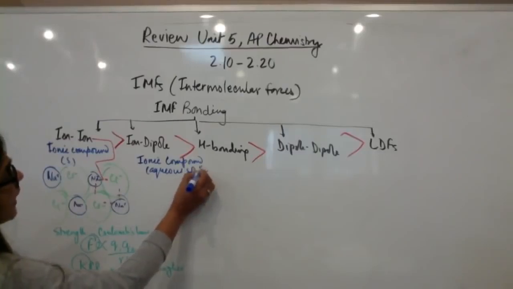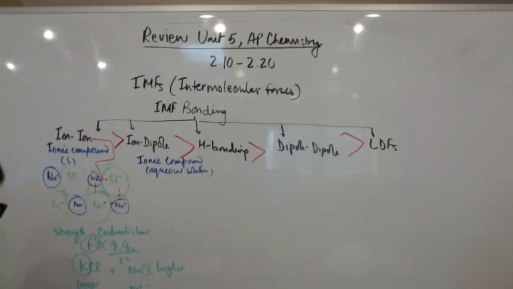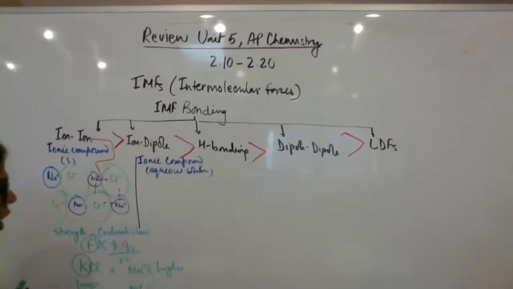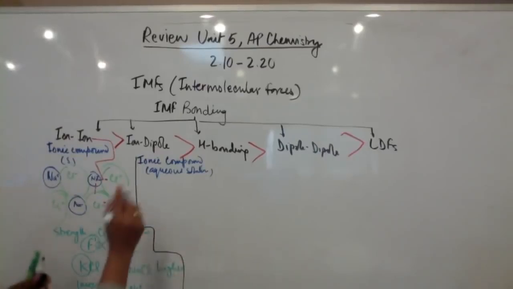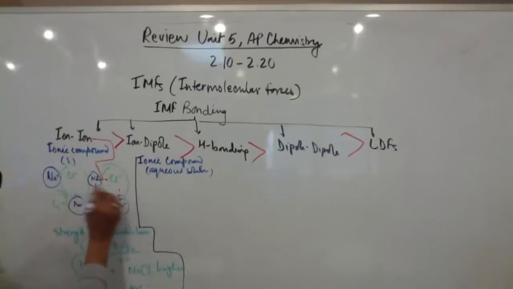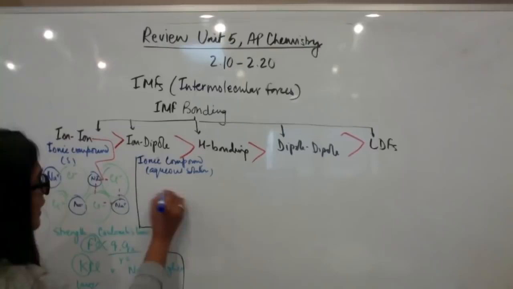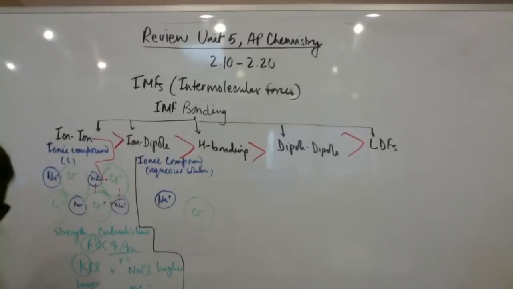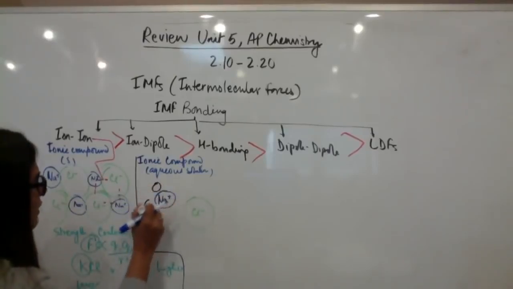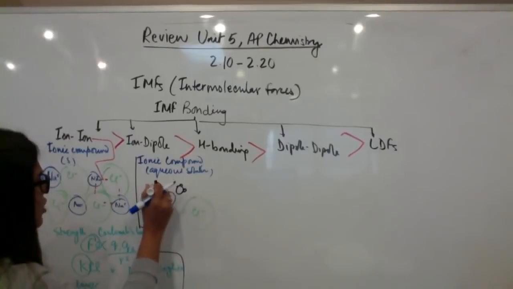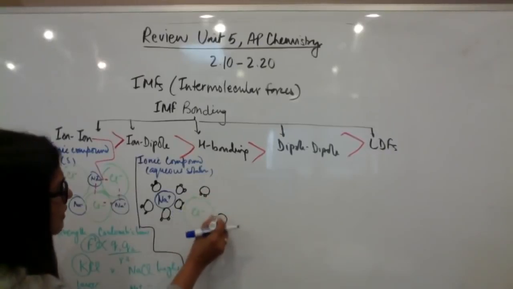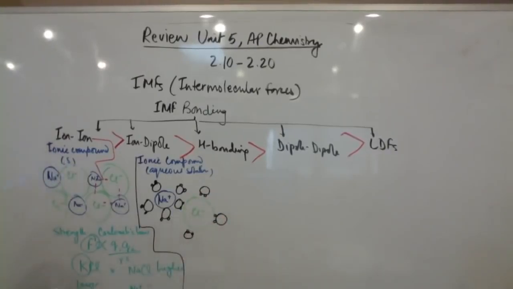So anytime you take an ionic compound, NaCl, KCl, K2SO4, and make an aqueous solution of it, we call it ion-dipole. Because if you were to add water to NaCl, then Na plus and Cl minus are separated by our very own water molecules that orient themselves around Na plus with oxygen facing the Na plus, opposites attract, and around Cl minus, the hydrogen end facing the Cl minus, opposites attract.